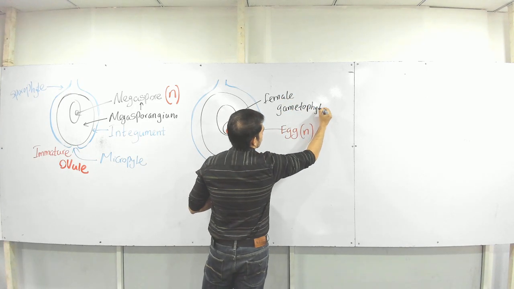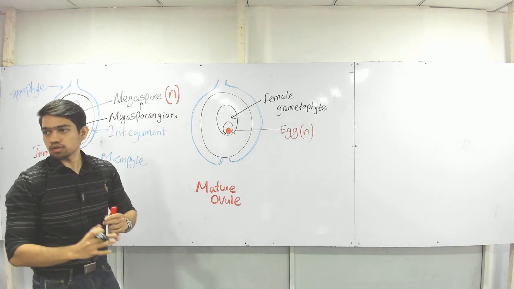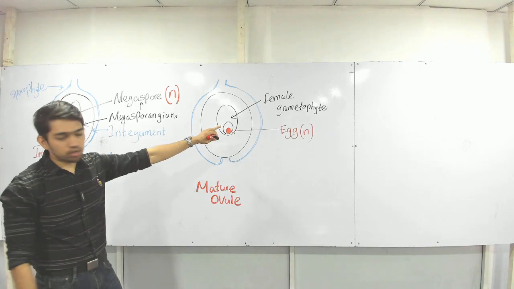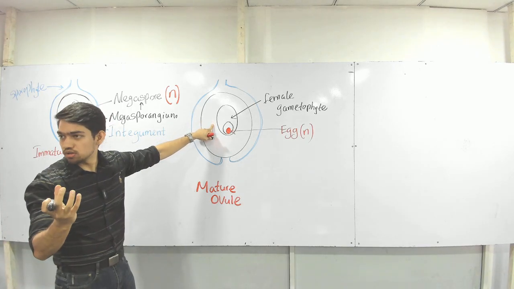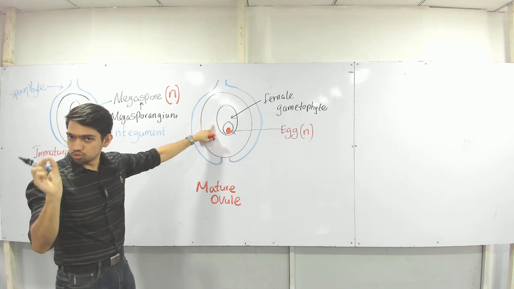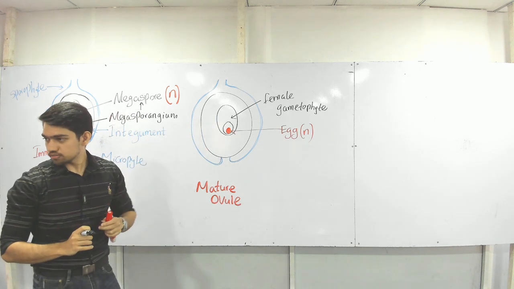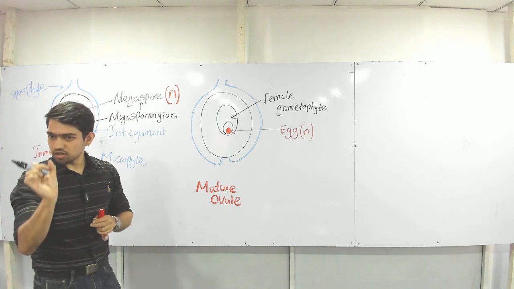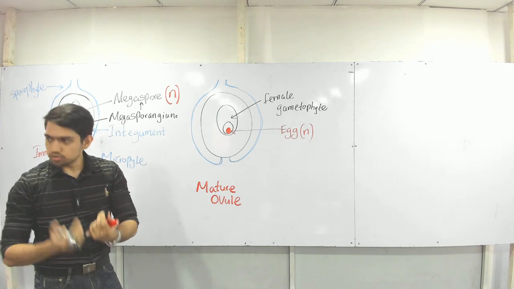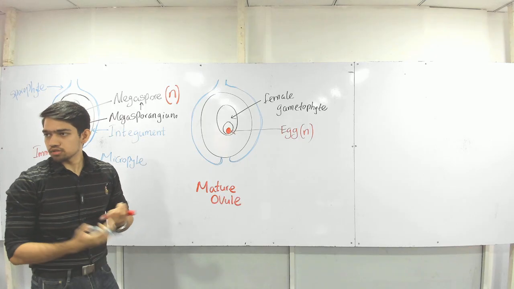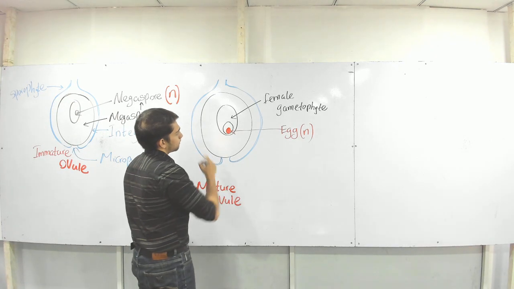Now can you see? If you take Pogonatum, you had a nice female gametophyte that is outside. Now what has happened to the female gametophyte? It is inside an ovule, inside the small ovule formed on the sporophyte. See how reduced it is. When you are coming to seed plants, it's very reduced. You have to split open a seed to see the female gametophyte. Otherwise, you can't see it outside. So this is the female gametophyte.